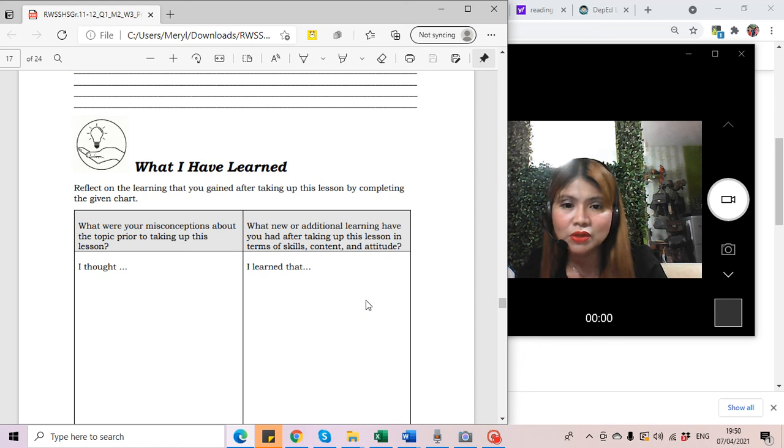Okay, so skills ninyo, ano yung mga nasanay sa inyo o napabuti na mga kasanayan sa writing skills ba, organizational skills, okay, critical thinking skills, and sa content like yung concepts na tinuro sa lesson na ito.